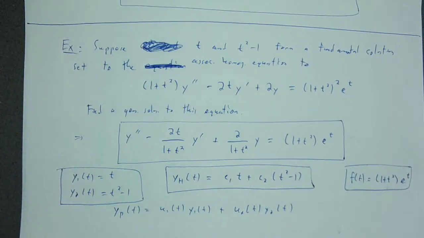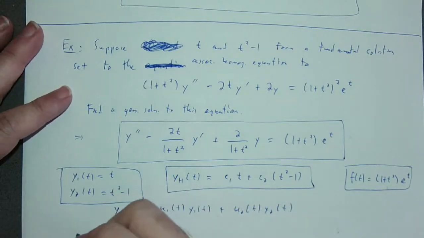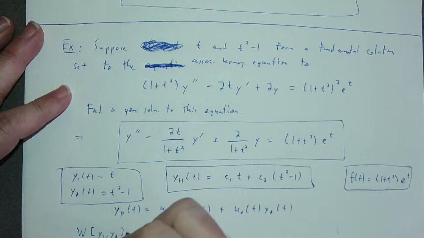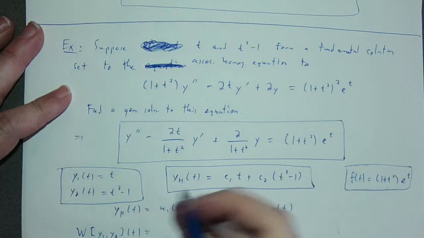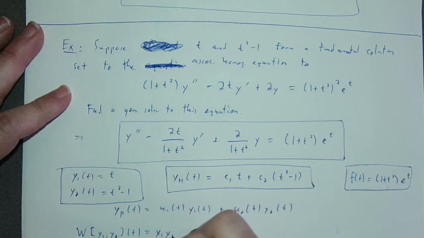We've got f, y1 and y2. We need to compute the Wronskian of y1 and y2, so let's do that real quickly. The Wronskian of y1, y2 of t is y1 times y2 prime minus y2 times y1 prime.